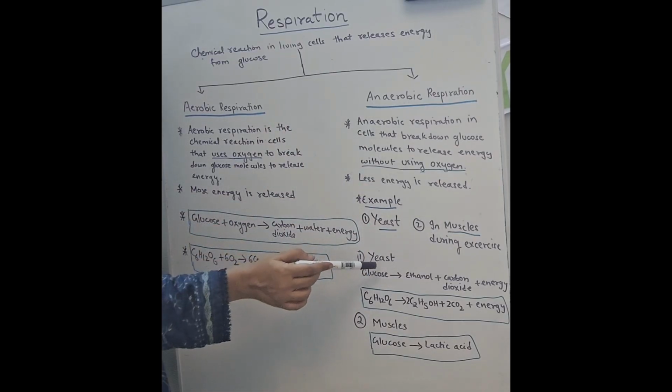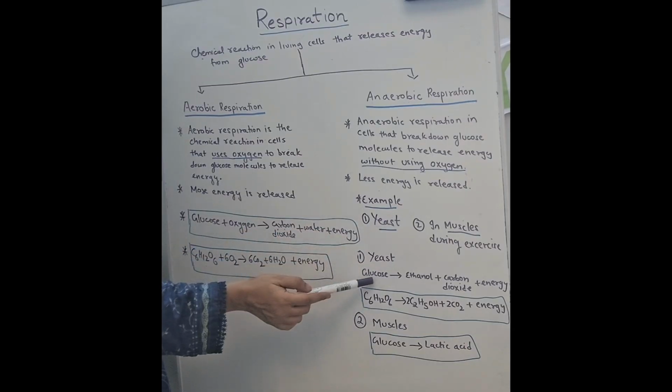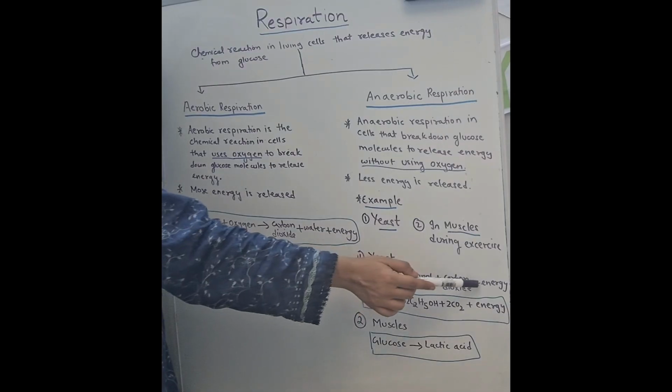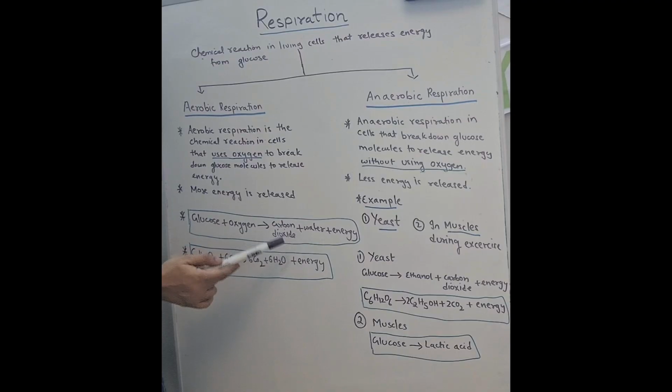Let's see. Whenever anaerobic respiration takes place in yeast, glucose gets converted into ethanol and carbon dioxide, and energy is released. So here you see the difference. When aerobic respiration happens, carbon dioxide and water are the two products.